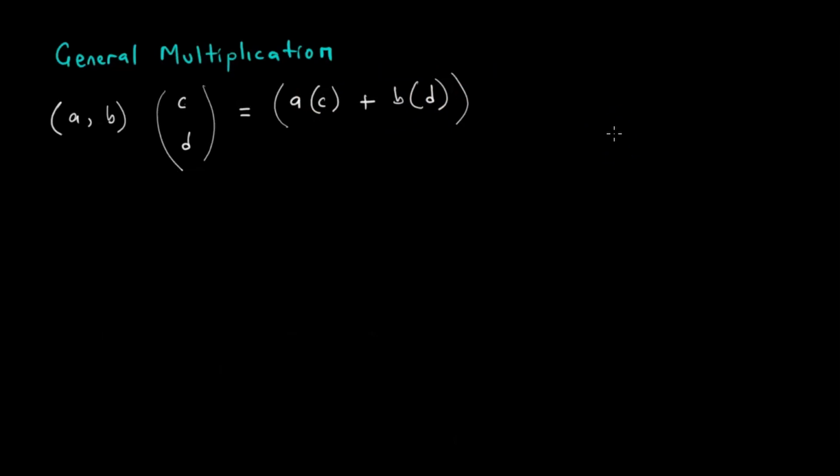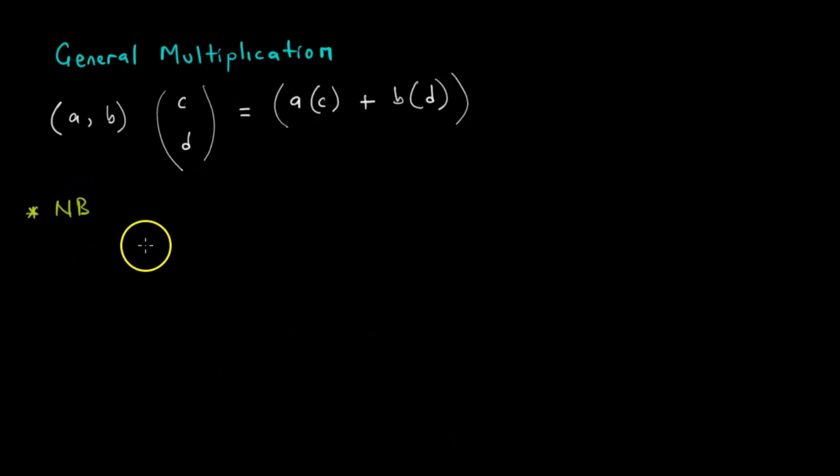Ndokuvatapa a principle, a requirement inoita kuti matrix akwanise kumultiplyana. The requirement is the number of columns in the first matrix should be the same as the number of rows in the next matrix. So maybe let us scribe it down.